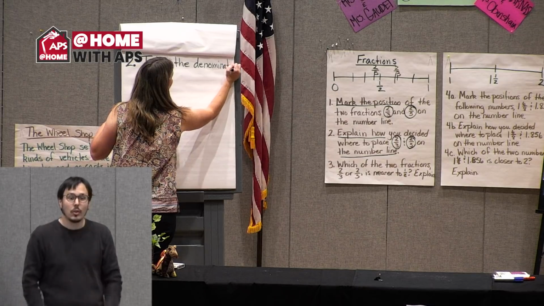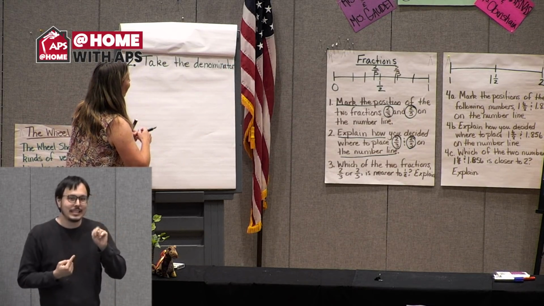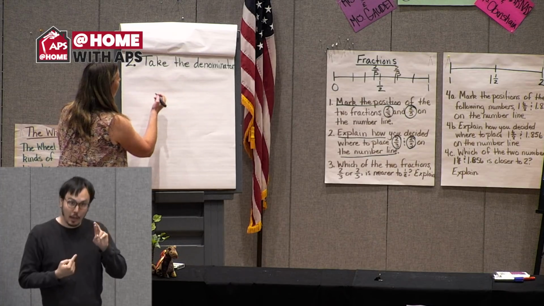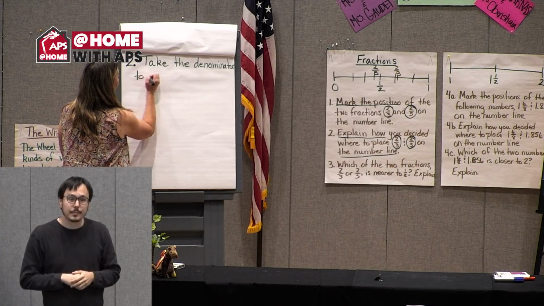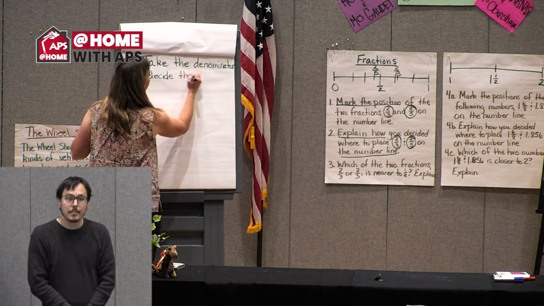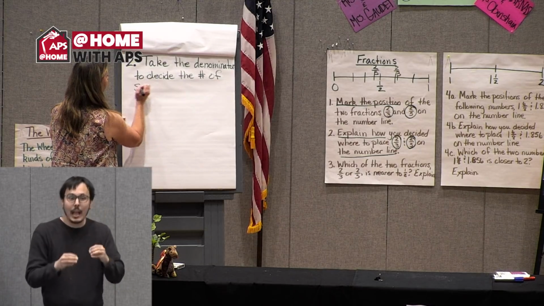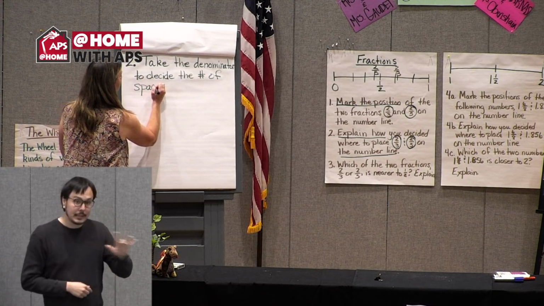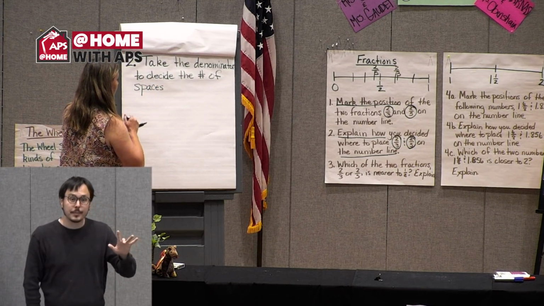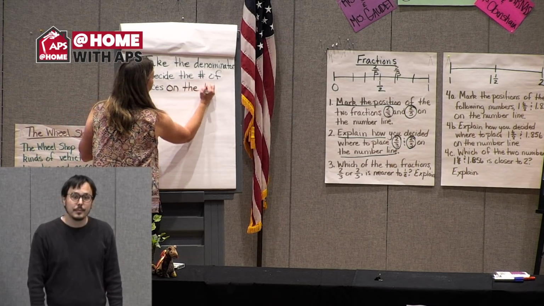Sorry guys, that's how I have to spell out denominator. It takes a little bit on me to spell it out. Take the denominator to decide the number of spaces on the number line.